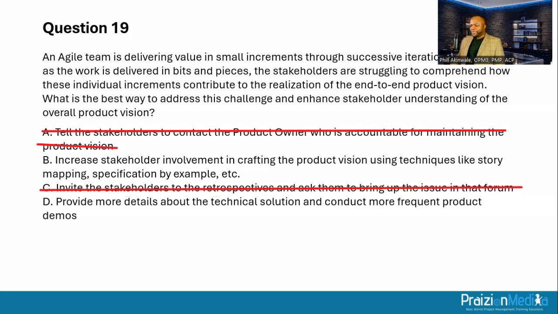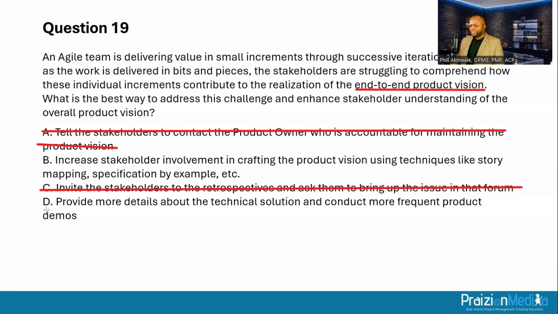When you think about it, retrospectives are not for the product vision. This is a product vision problem. So the product vision would best be handled outside of this meeting. And besides, this retrospective is a meeting for the team. D, provide more details about the technical solution and conduct more frequent product demos.